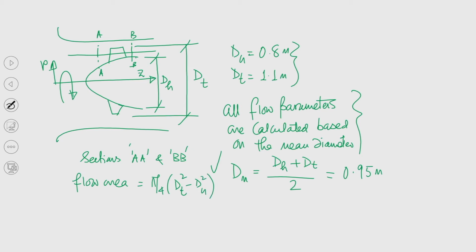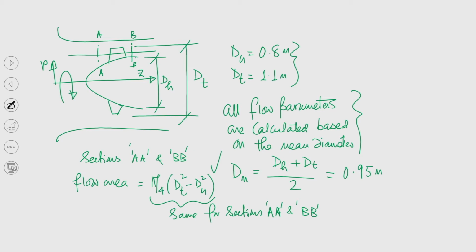So, this is the flow area, and it is the same for sections AA and BB, right. For constant density, that is, if the fluid which is flowing has a density that is not changing from section AA to section BB, right.